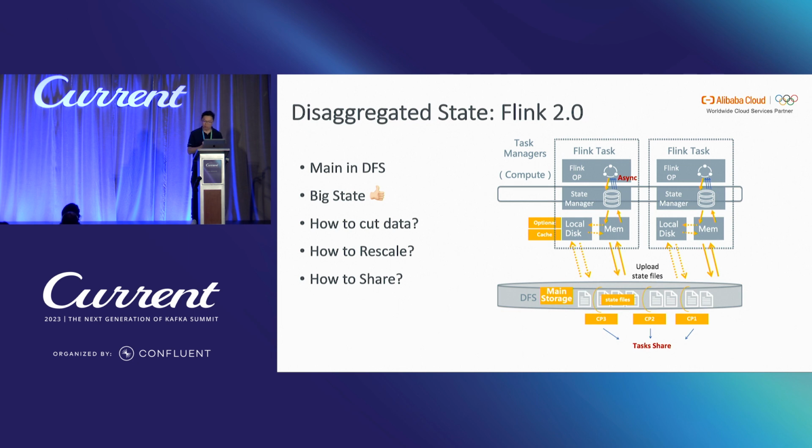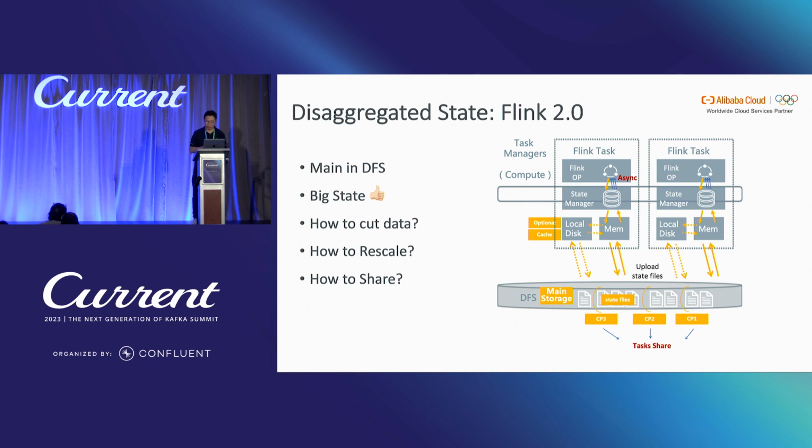RocksDB can maintain partial files locally and all files in a distributed file system. So on top of RocksDB, we can also build this disaggregated state architecture. We expect hot files to be local, and cold files to be in the distributed file system. This should be very suitable for big states.